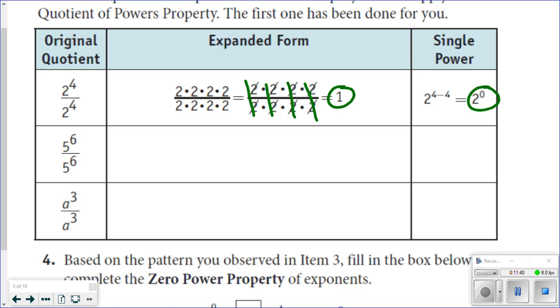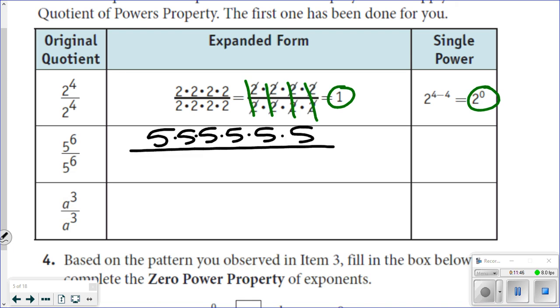Okay, so same thing, let's do it with the 5s. 5 divided by 5 is 1. All of these become 1. 1 times 1 times 1 times 1 is just 1.